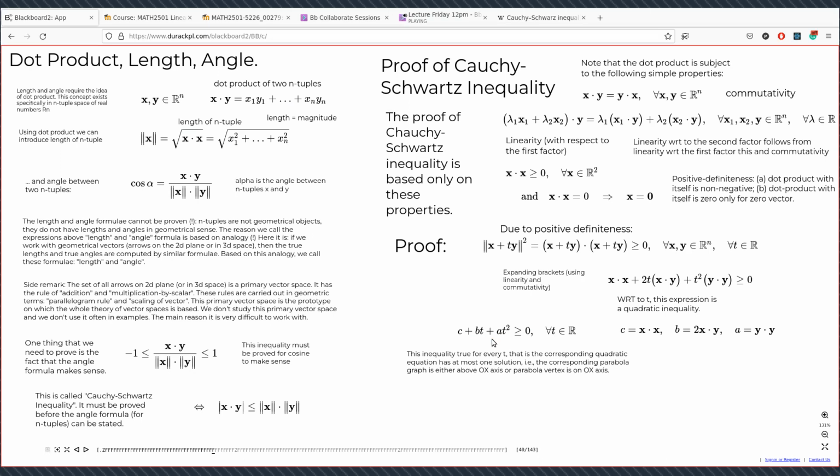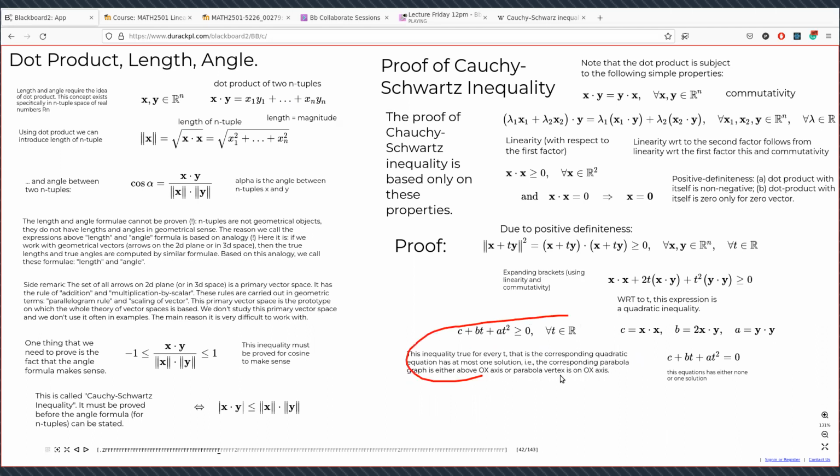That's the only chance for this inequality to be true for every t. If your parabola is below the axis, you'll have two intersections, and then there will be a negative part. So in terms of coefficients, this quadratic equation with respect to t has either none or one solution. That's the only chance for this to be true for every t.